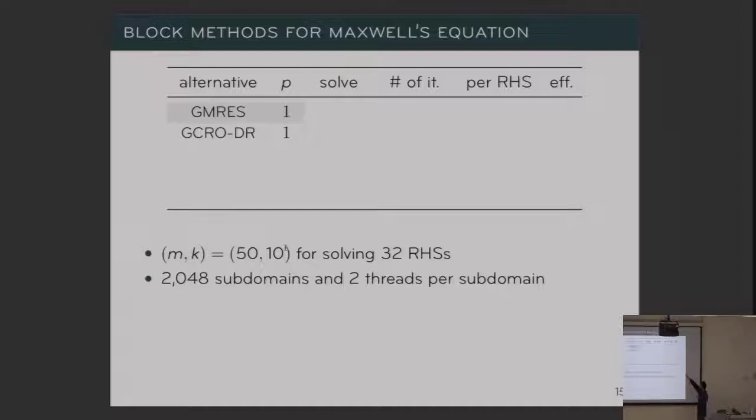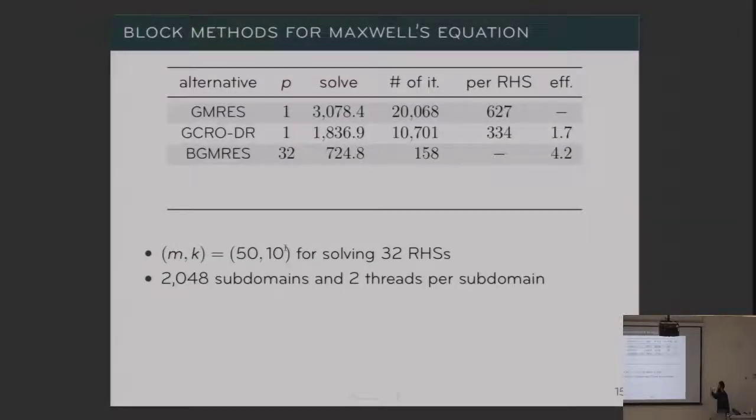And so the first two alternatives are basically GMRES, so if you use PETSc, or GCRO-DR, so if you use recycling within the solves. So you can see already that just switching the KSP type, you can have an efficiency of 1.7, so it was 1.7 times faster than the standard Krylov solver. And of course, when you turn on block methods, it's much faster because you have higher arithmetic intensity and you converge faster.